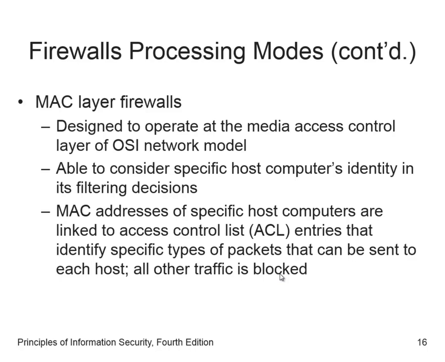This gives these firewalls the ability to consider the specific host computer's identity in the filtering decisions. Using this approach, the MAC addresses of specific host computers are linked to ACL entries that identify the specific types of packets that can be sent to each host, and all other traffic is blocked.